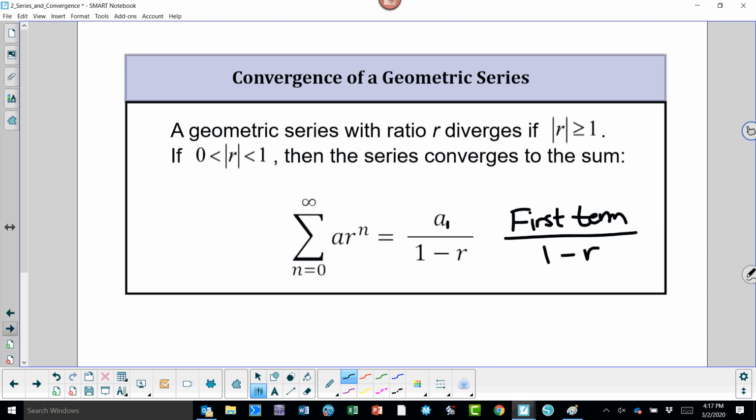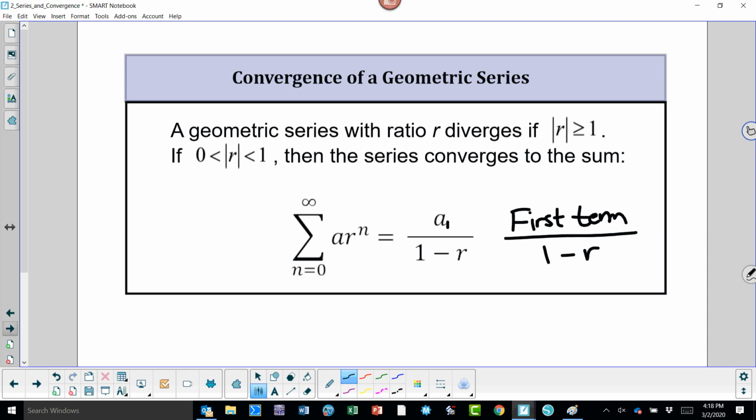We need to match our series with something that can give us a way to determine whether it converges or not. And we certainly won't be able to tell if they all converge. But if we happen to know it's geometric, we can definitely tell if it converges.